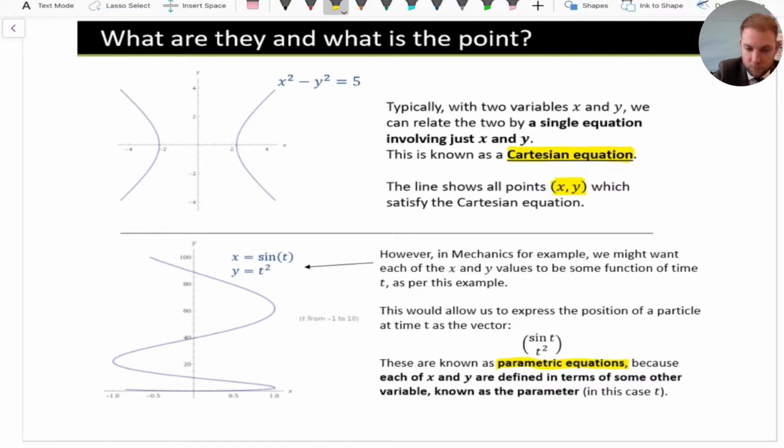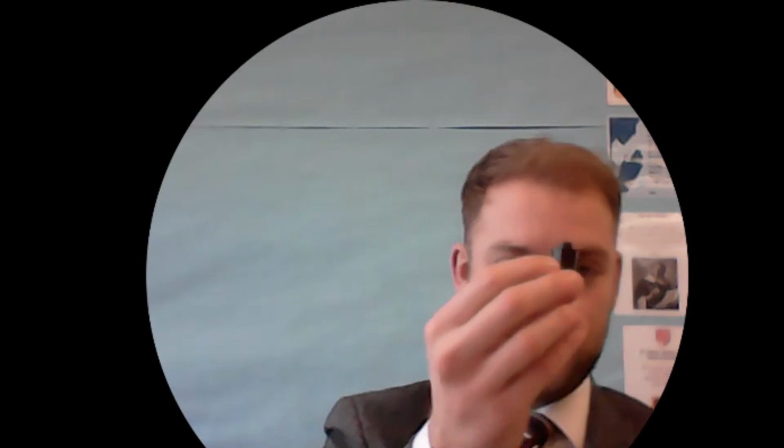I'm just going to snap to full screen view so you can have a little look at this pen. When we're looking at Cartesian equations, imagine we've got an x and y coordinate, and we've got this in the centre. If we were moving in the y coordinate, we'd be moving up and down. If we're moving in the x coordinate, we're going to move left and right, like so.